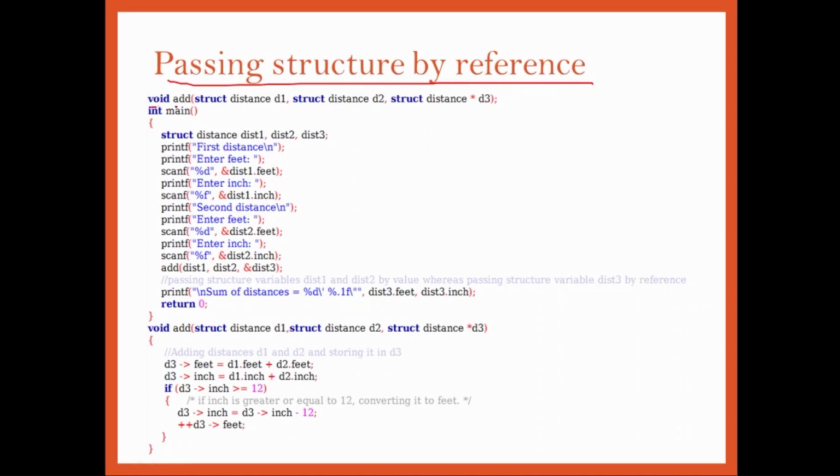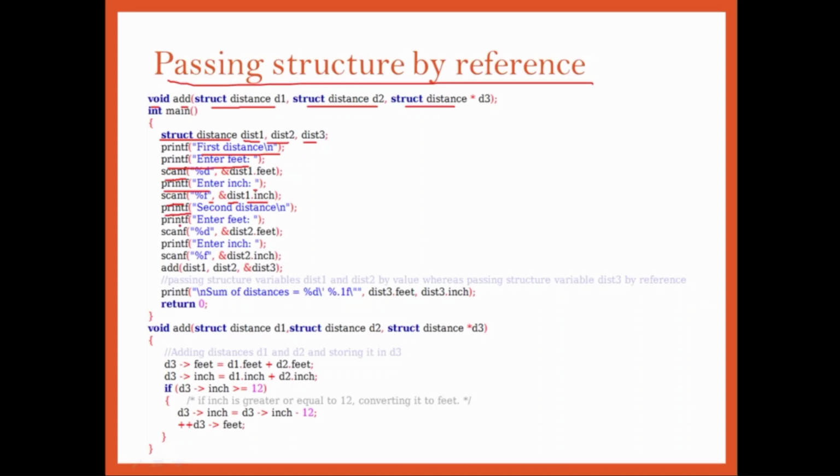Here void add struct distance d1, struct distance d2, then struct distance star d3. Here we take struct distance dist1, dist2, dist3. Using the printf function, first distance, enter the feet, with scanf percent d ampersand dist1 dot feet, then enter the inch, scanf percent f ampersand dist1 dot inch.